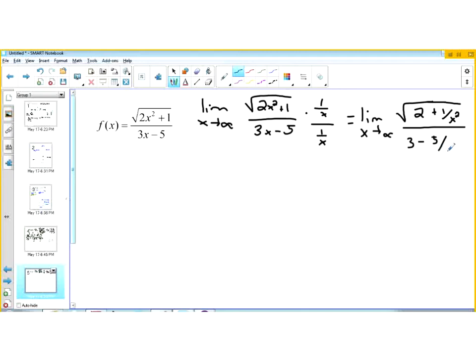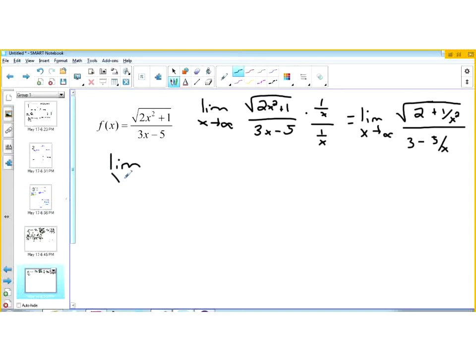Okay, so do you see why I multiplied upstairs and downstairs by 1 over x? Because it allowed me to format the function in terms of powers of 1 over x. Because when we format the function in terms of powers of 1 over x, then we can use that theorem. Recall the theorem.